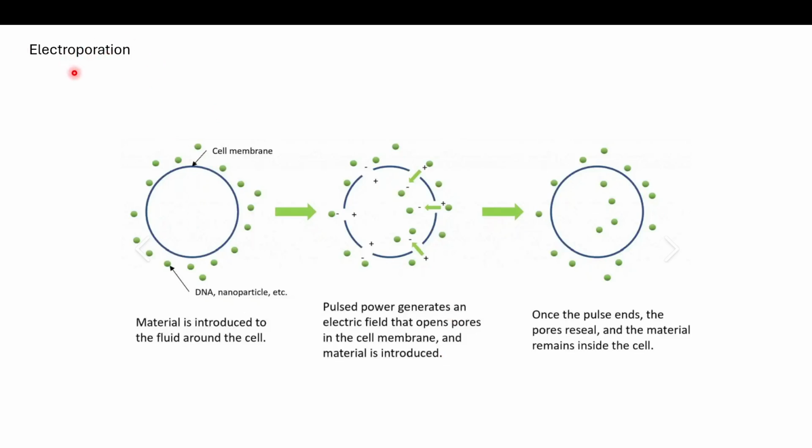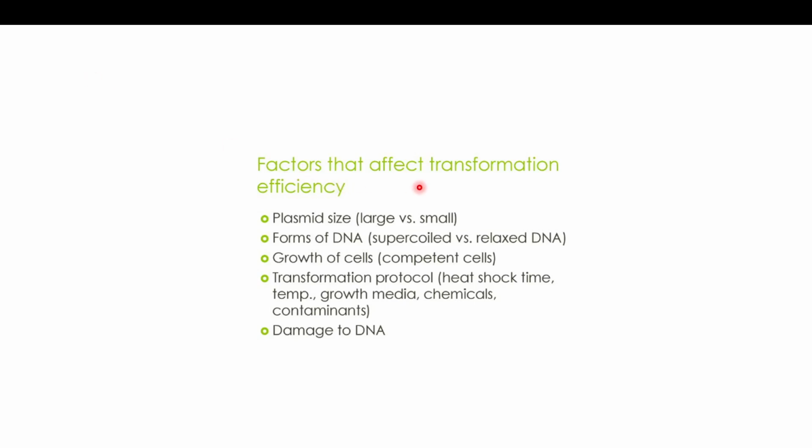This is electroporation. Factors that affect transformation efficiency: plasmid size. Forms of DNA, we were looking at the ball-like structure of DNA, supercoiled versus relaxed DNA. Definitely the supercoiled one will have more chances of getting through the pores on the cell surface.